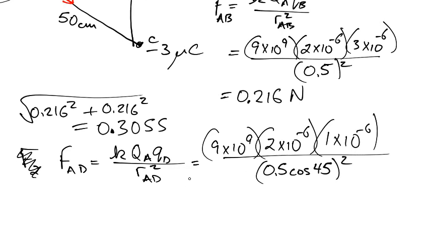And that's going to give us, let's try it, 9 EE9, enter, 2 EE6 negative times 1 EE6 negative times 0.5, enter, 45 cosine times squared divided by.